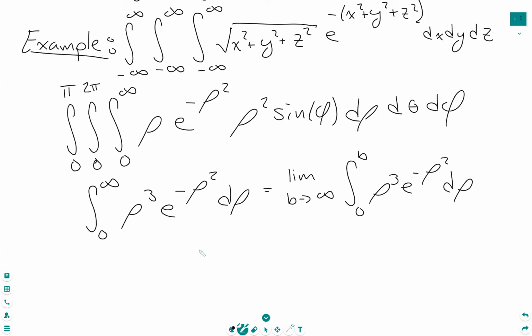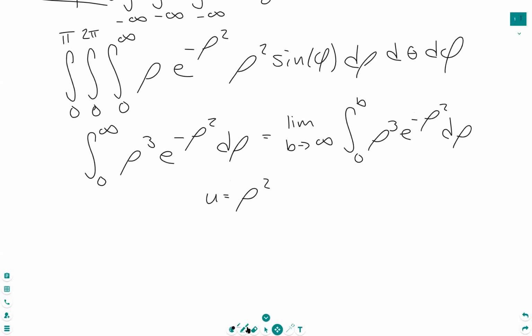I can do a u substitution, so I can let u be rho squared. So this means that du is equal to 2 rho d rho, or that 1/2 du is equal to rho d rho.